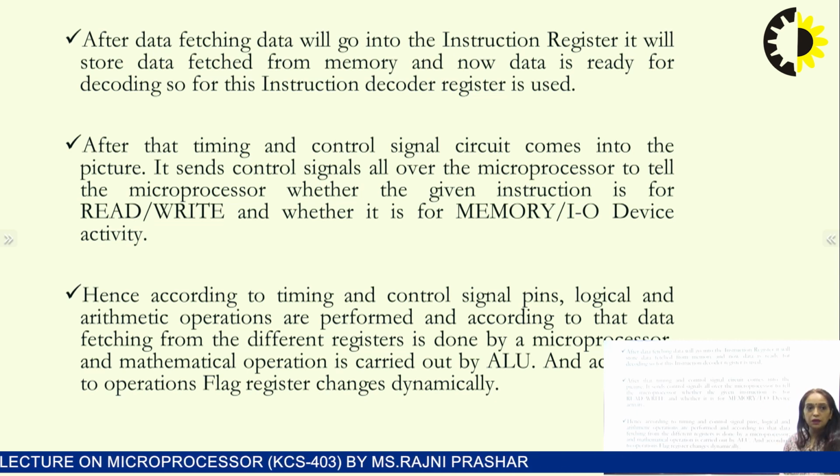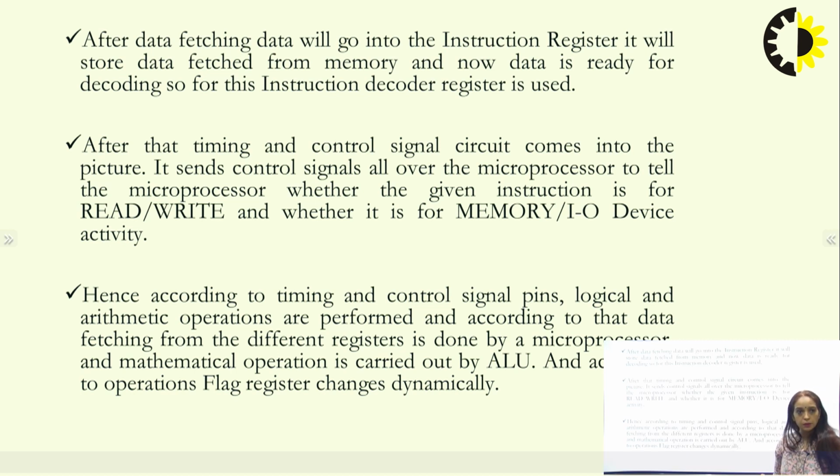For this we have one dedicated pin, written as memory/IO bar. If the value of that pin is 0, IO devices will be selected, meaning the communication will be between the microprocessor and IO devices. And if the value of this pin is 1, the microprocessor will use the memory.